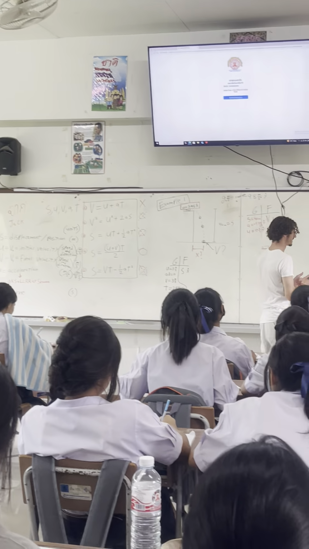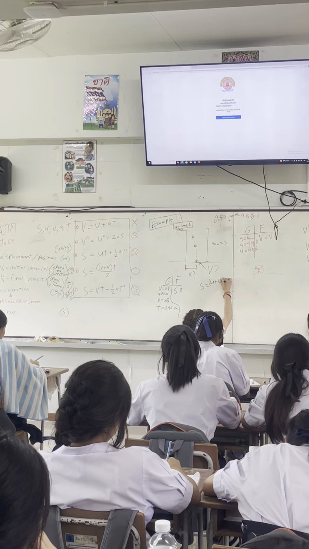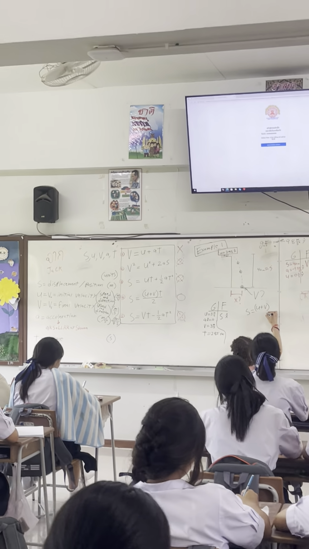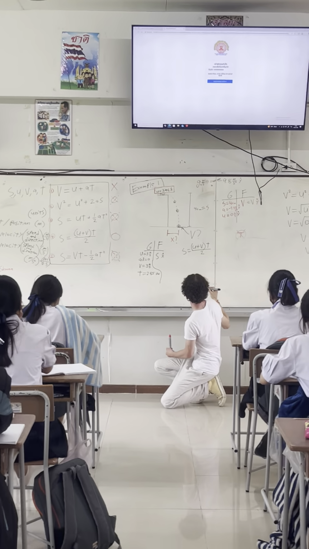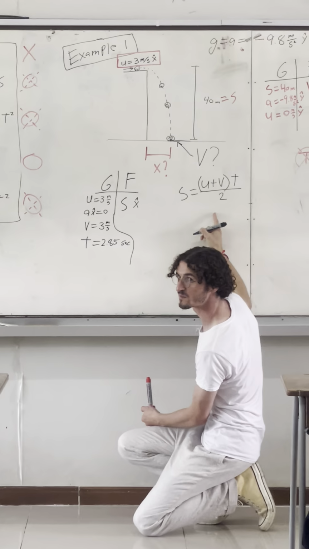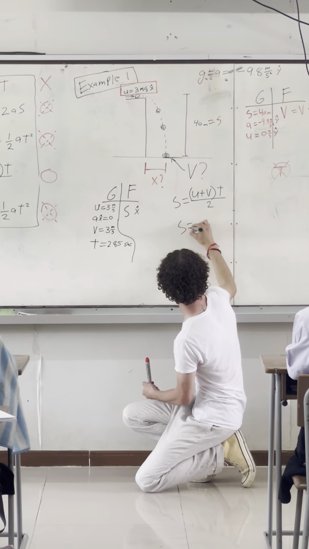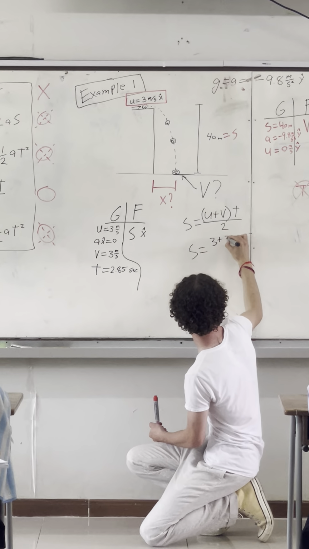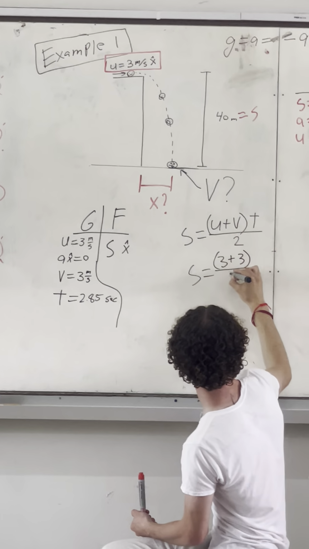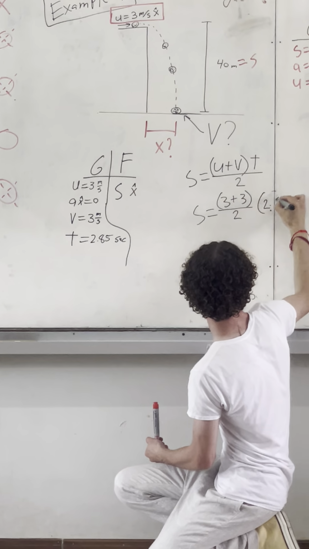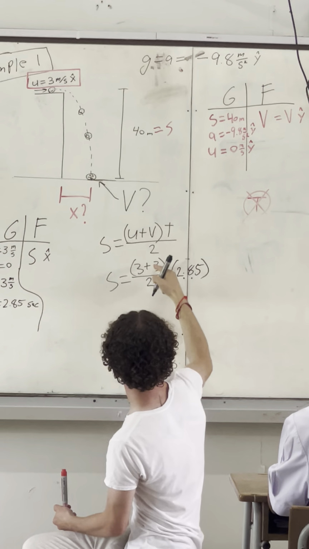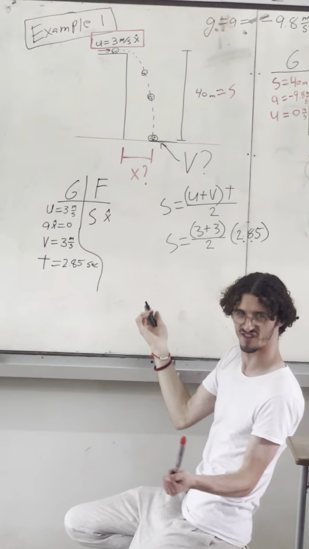So S equals U plus V over 2 times T. Put in the numbers. S equals 3 plus 3 divided by 2, times 2.85. 3 plus 3 divided by 2 is 3.